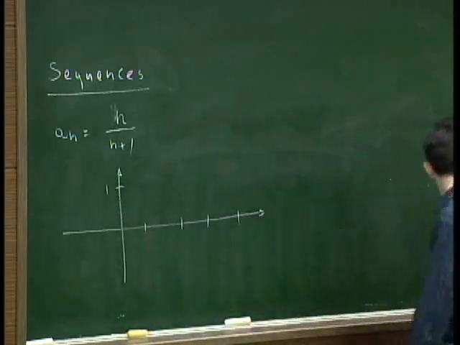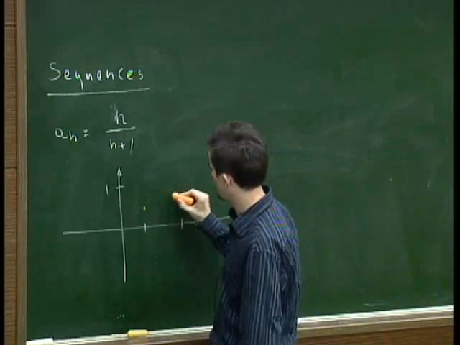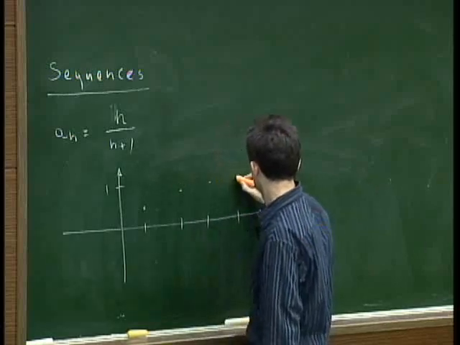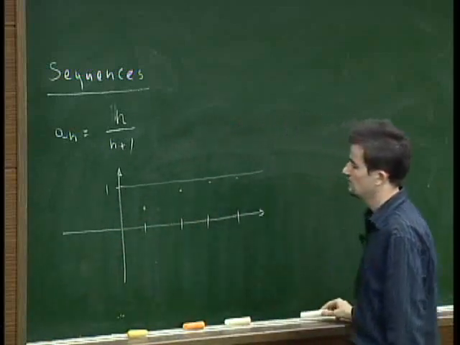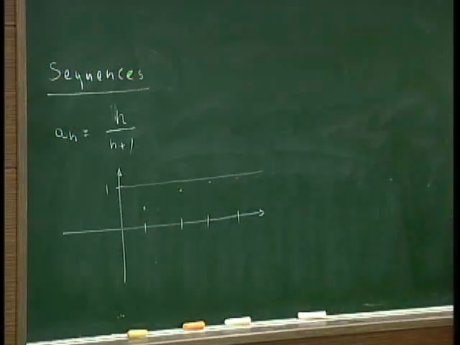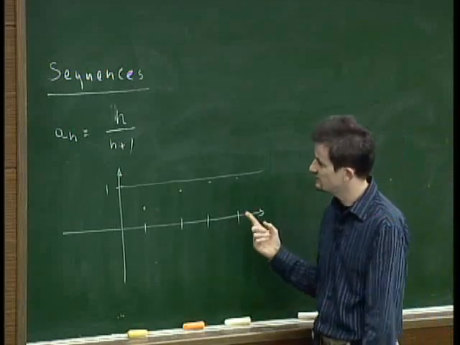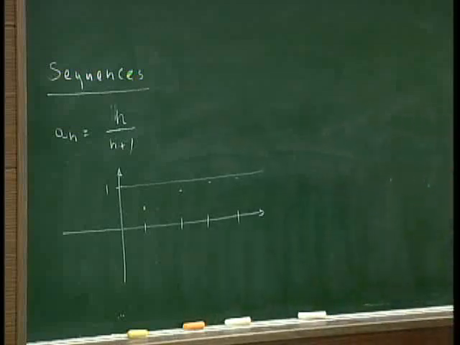Now, if you plot the sequence, you will observe that at 1, you have 1/2, and then it's getting larger and larger, but always remains under this line here. Essentially what you will observe is that as n is getting larger and larger, this sequence seems to tend to 1.